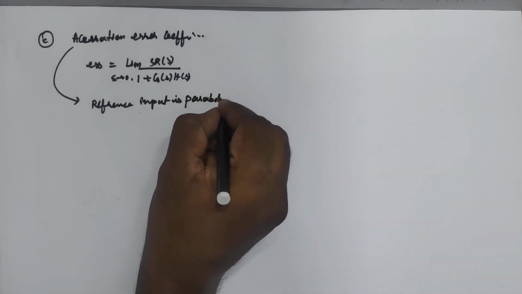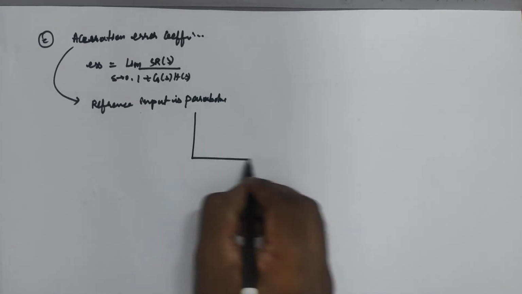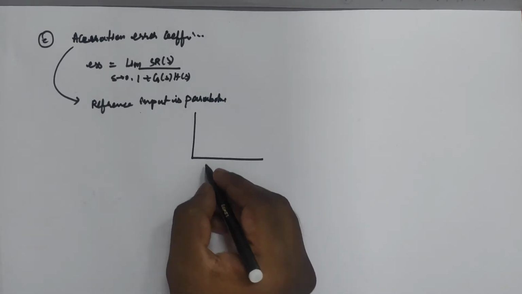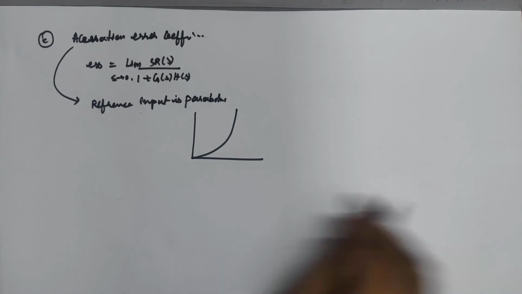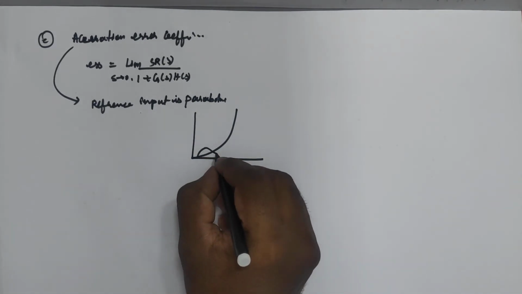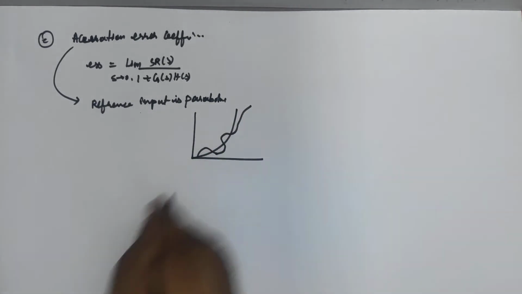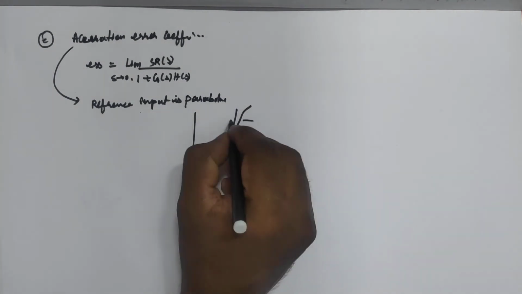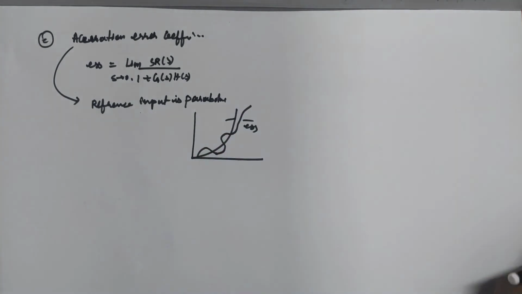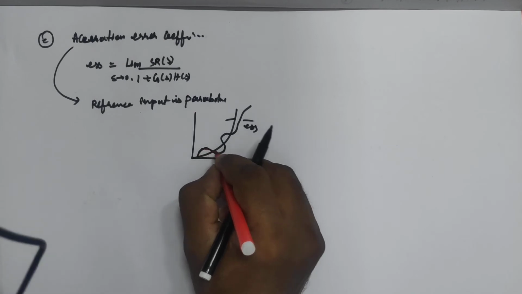When the reference input is parabolic, how will it be represented? Like this, and my response is like this. I'm rewriting again here.